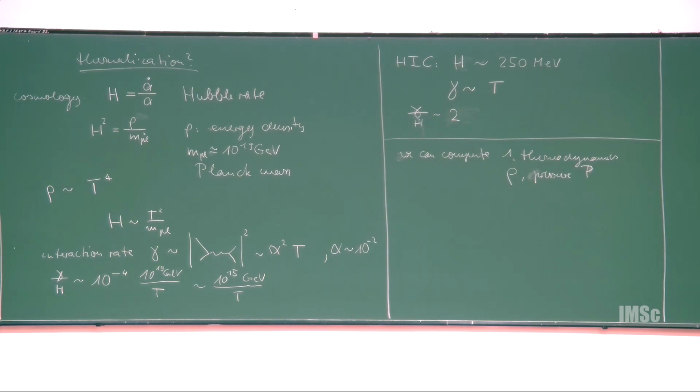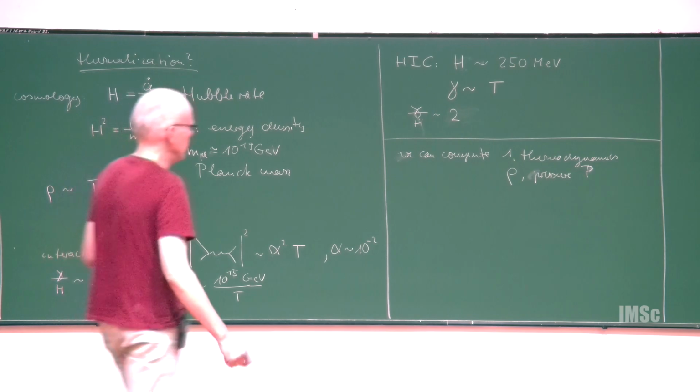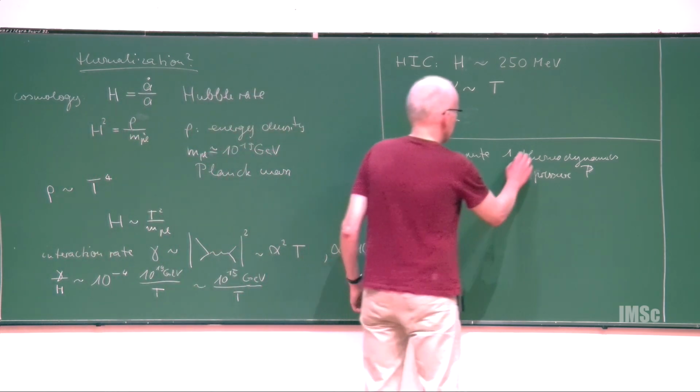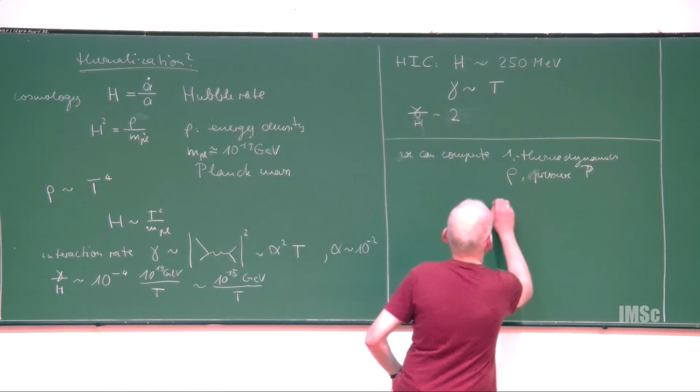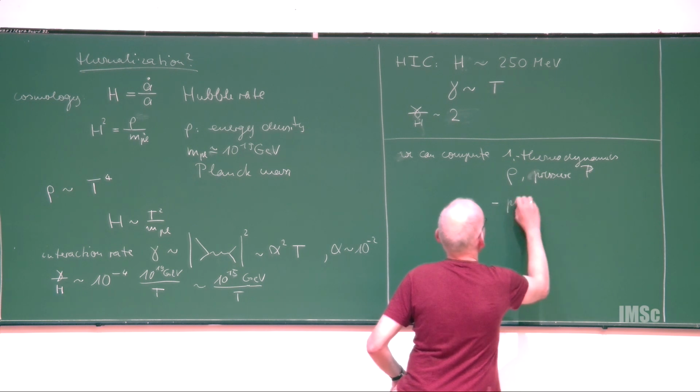I mean, if everything was always in thermal equilibrium, everything would just be determined by this one number, the temperature. We would see nothing else. So if we want to see something, some observable relics, we need some deviations from equilibrium. So that is an interesting application here of thermal field theory.